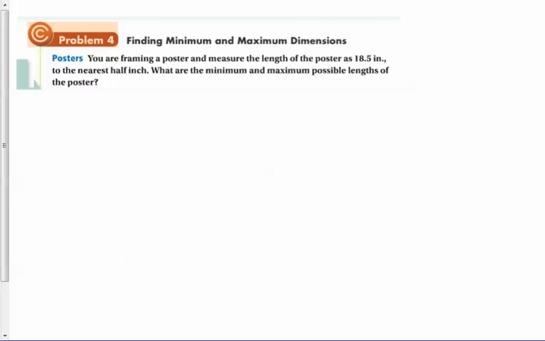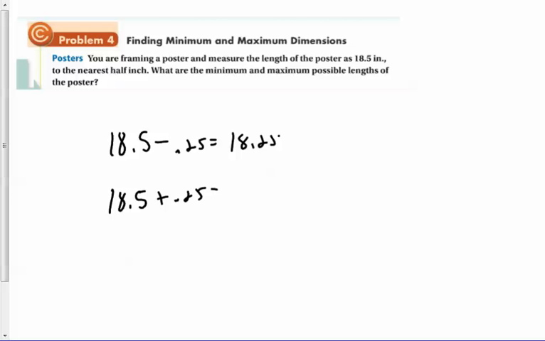It went to the nearest half inch, so I'm going to take half of that, a quarter inch. So 18.5 minus 0.25 gets me 18.25, that's my minimum. And then I could also go a little bit over and say 18.5 plus 0.25, which would be 18.75. So those are my min and my max.